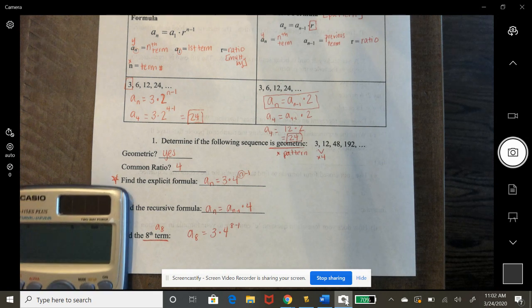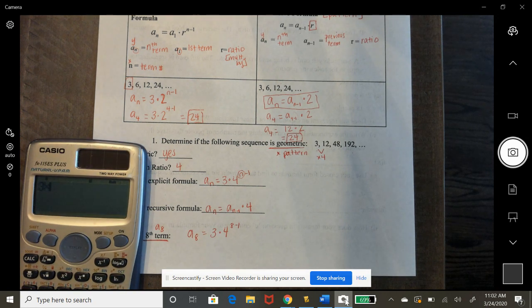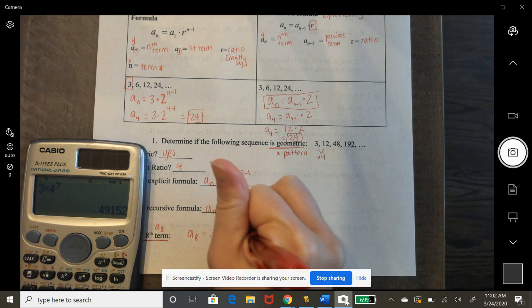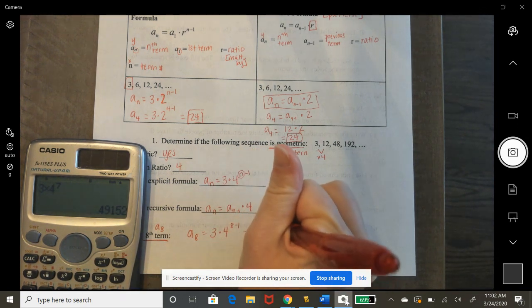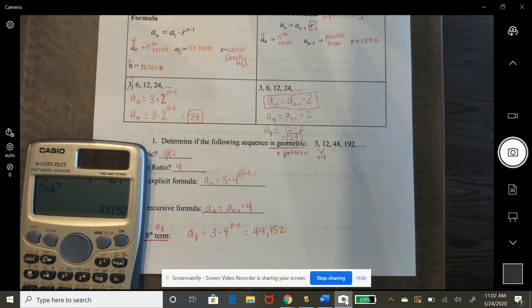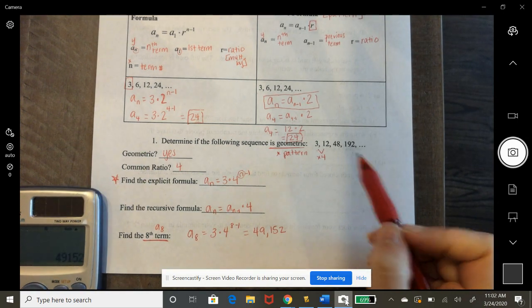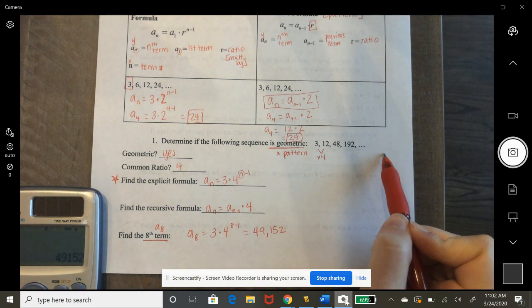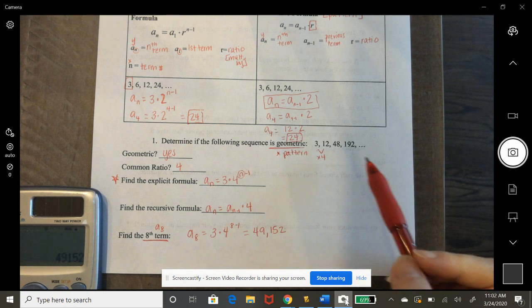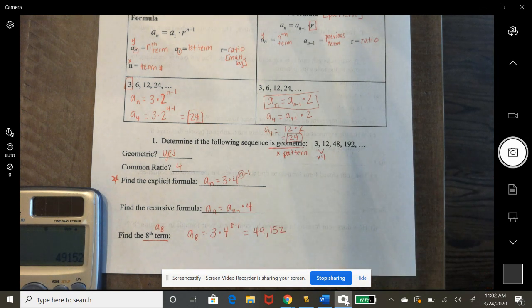These will get large because they're exponential. So 3 times 4 raised to the 7th gives me 49,152. If it's small enough, you could always just keep listing out the numbers, but you want to be able to use the formula as well.